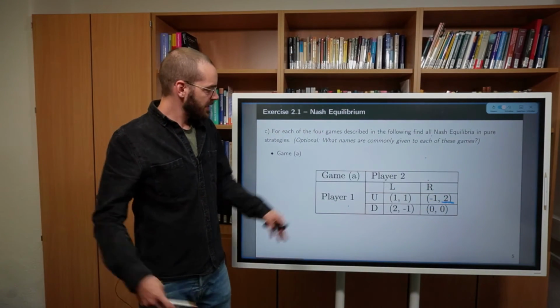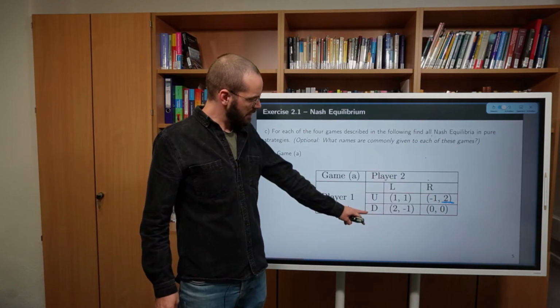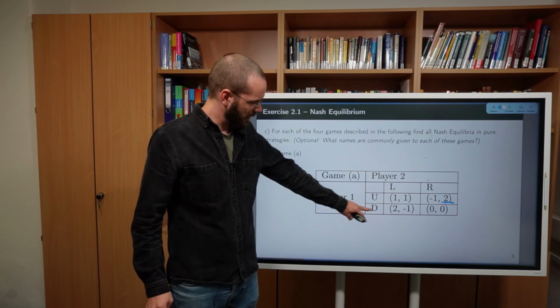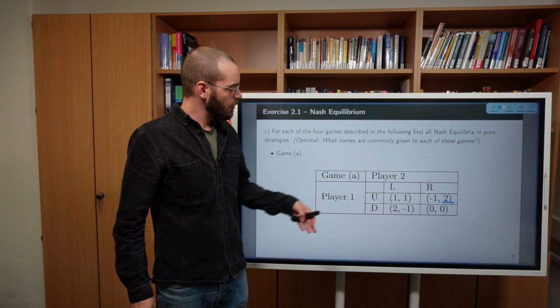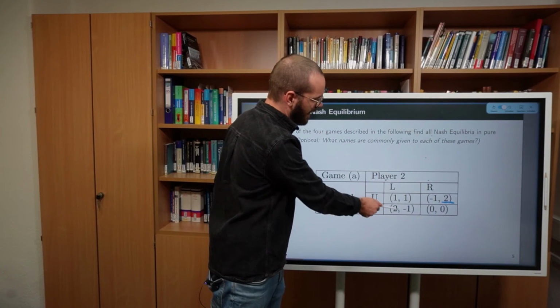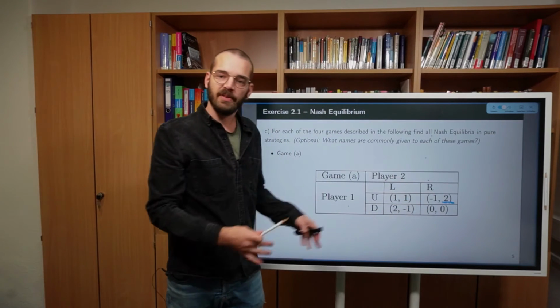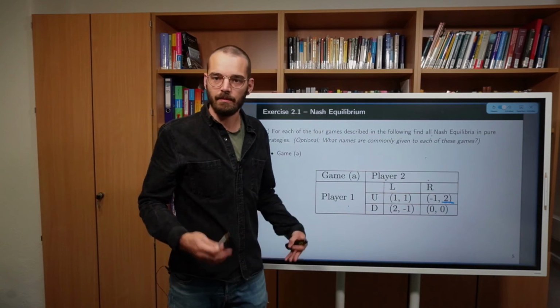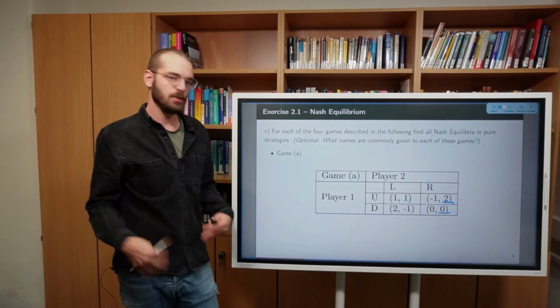Okay? Let's now consider the second strategy for player 1. Let's now assume player 1 chooses down, so the lower row. Then player 2 has to compare the payoff of choosing L, which is -1, or choosing R, which is 0. Obviously 0 is larger than -1, so the best response of player 2 again is to play right.